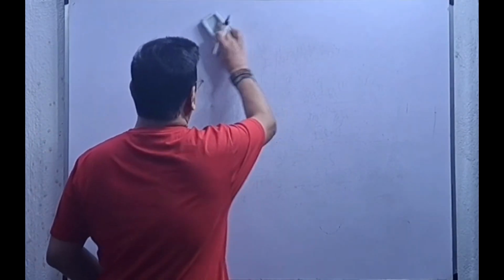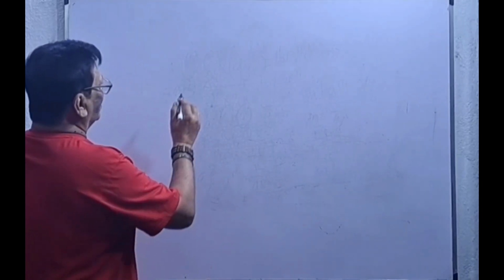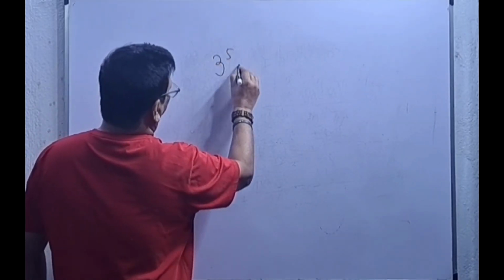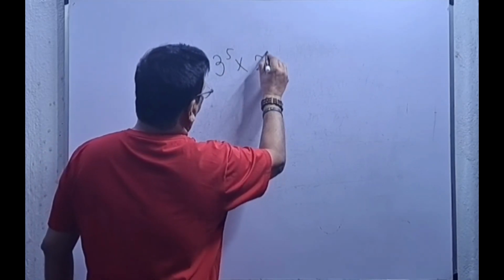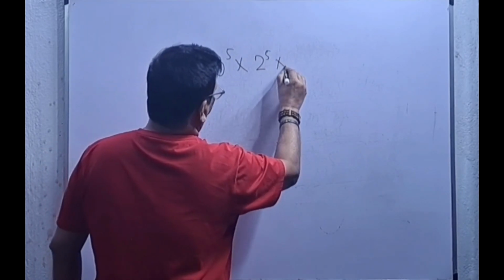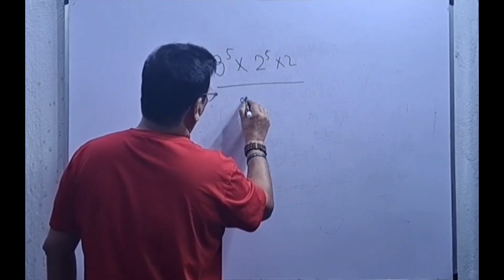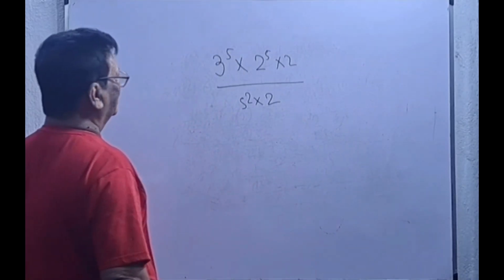We have a problem depending on that. See, 3 to the power of 5 multiplied by 2 to the power of 5 multiplied by 2 divided by 5 to the power of 2 multiplied by 2. Right?